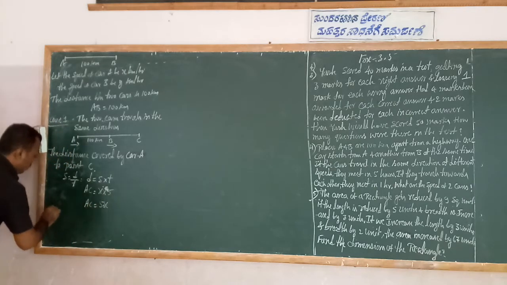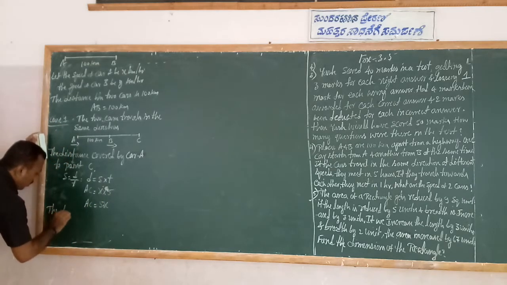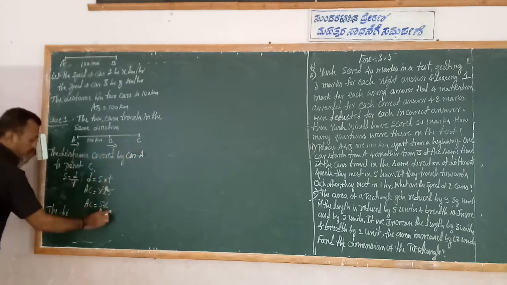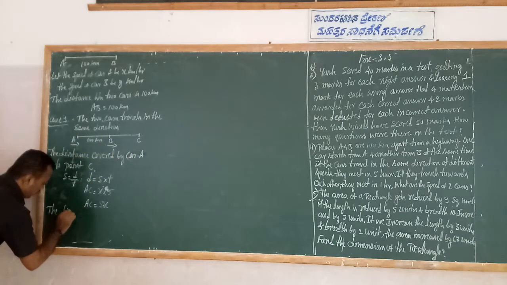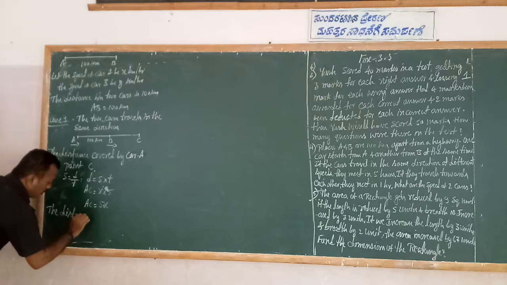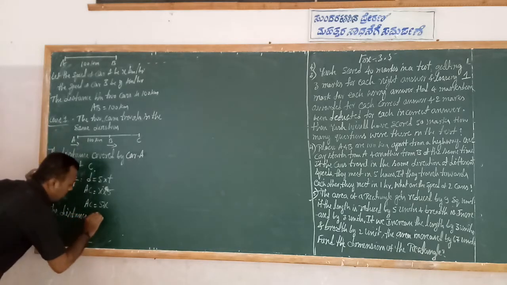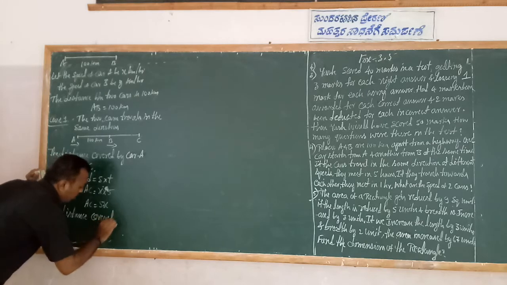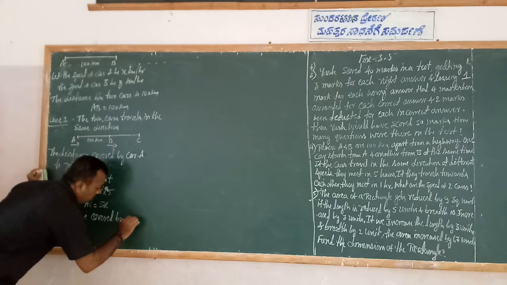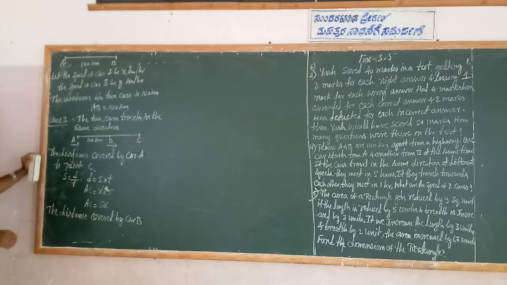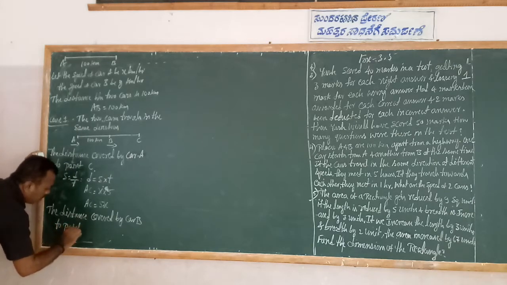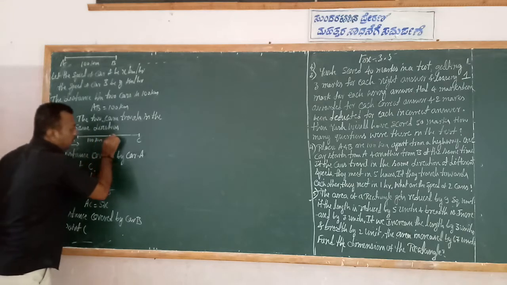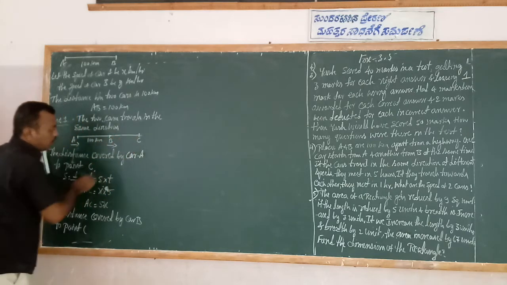Next, car A covers 5x distance. So the distance covered by car B to the point C. So how much distance does B cover from here to here?